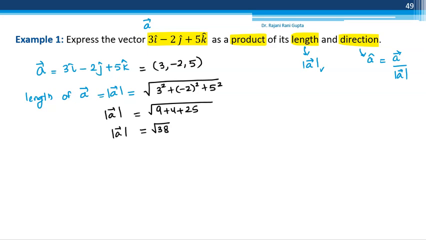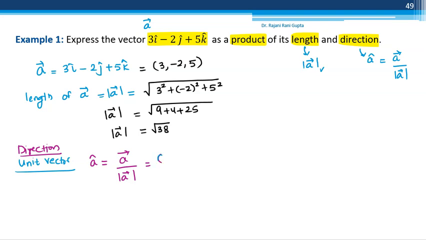Okay, you have to find the direction. So let's find the unit vector. Why are we finding the unit vector? Because this gives you the direction. So the unit vector we denote by A cap, which is vector A divided by magnitude. What is your vector in component form?